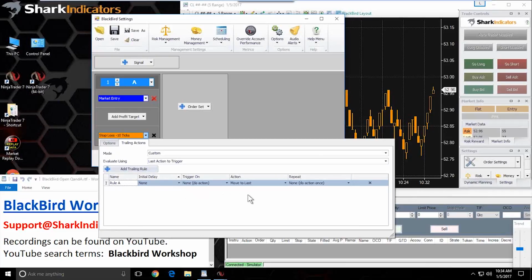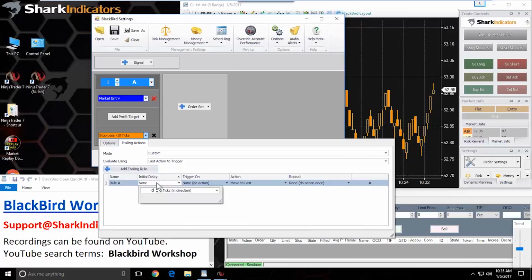One analogy you could use is an Excel spreadsheet. It goes from the left column and executes through to the right column. The first column that gets evaluated is the initial delay.